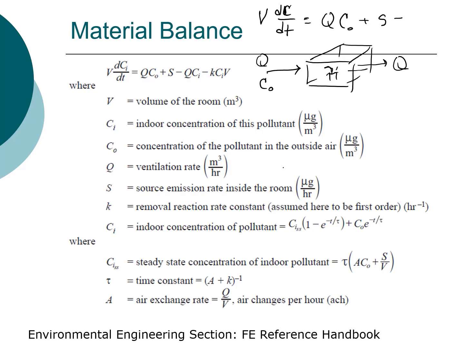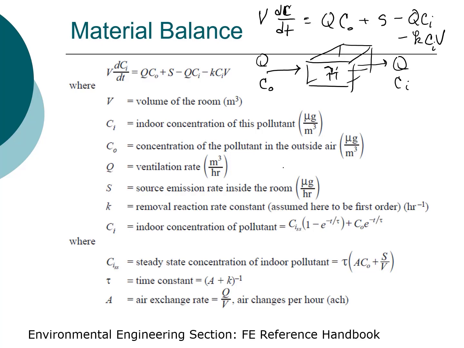And this problem uses C sub I for the indoor concentration of the pollutant. So let's note the nomenclature is a little different from what we've used in courses. And then the last term describes first order decay.